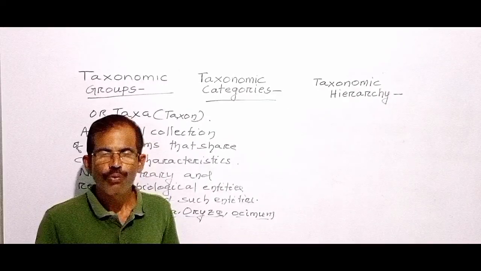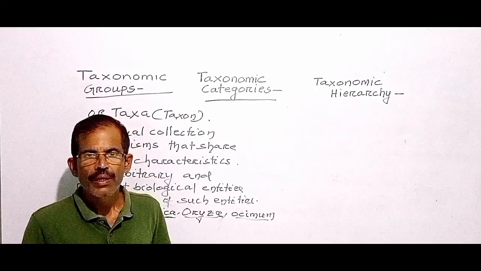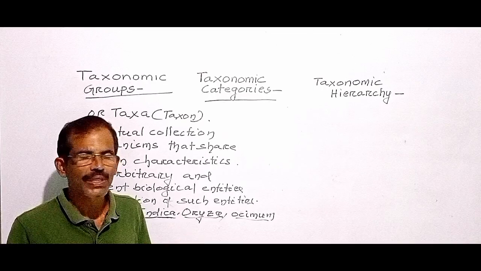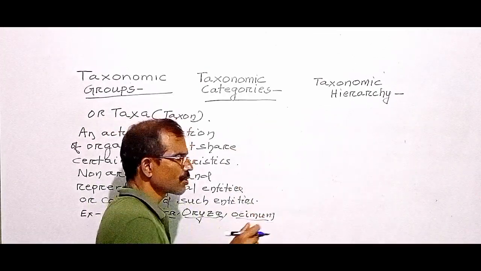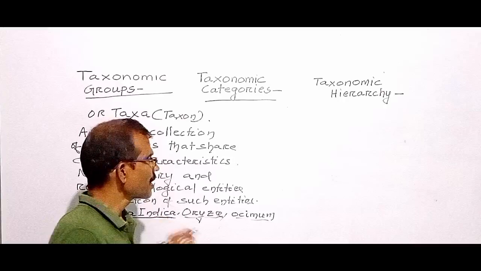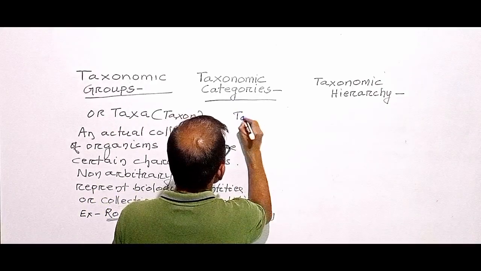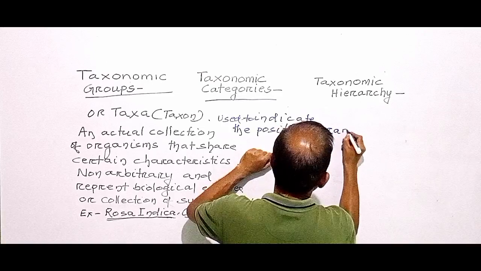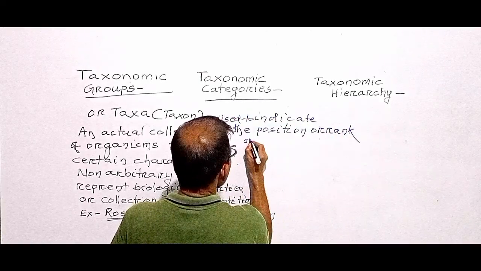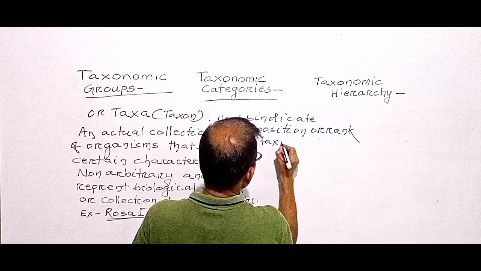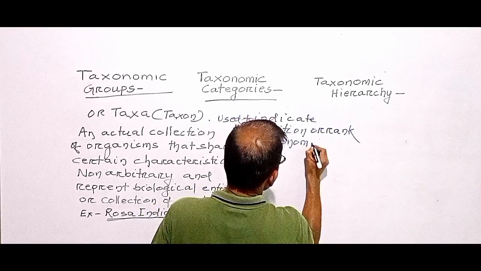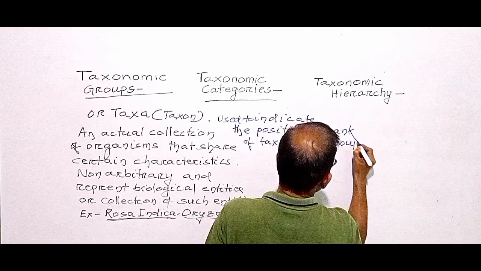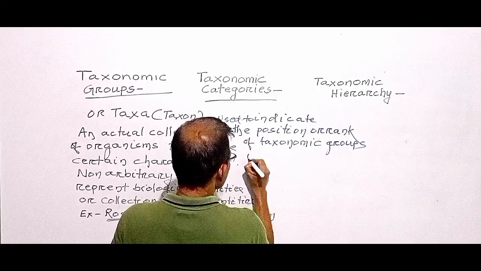Next, let us know what is taxonomy category. In classification, each taxonomy group is assigned to a specific category known as taxonomy category. These categories are used to indicate the position or rank of taxonomy groups in the hierarchical classification system.